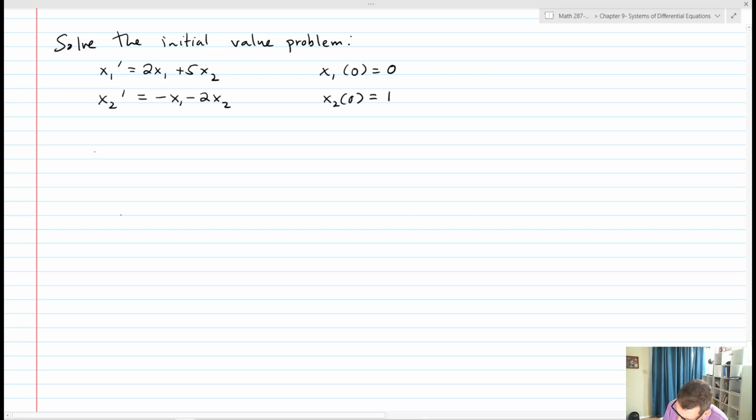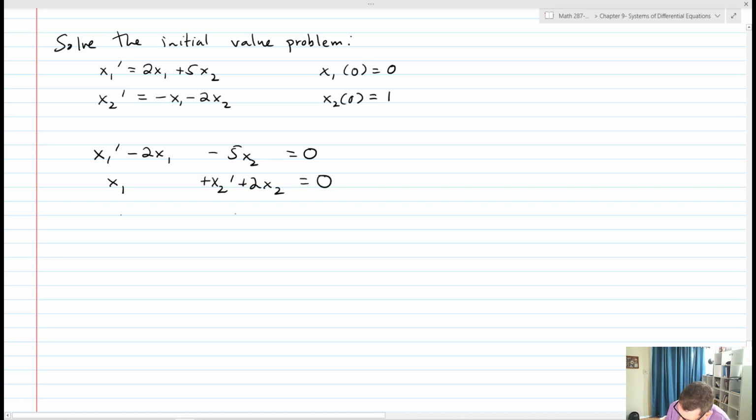So just like in the last example, what we're going to do is rewrite this in operator form. So this is going to be x1 prime minus 2x1 minus 5x2 equals 0. And then I'm going to have x1 plus x2 prime plus 2x2 equals 0.